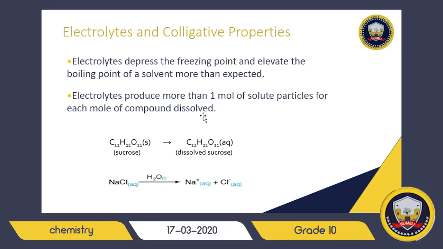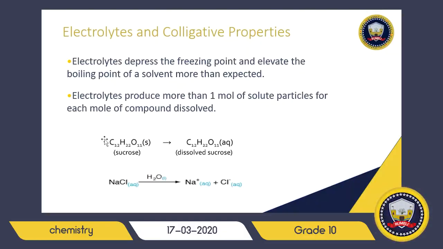So electrolytes depress the freezing point and elevate the boiling point of a solvent more than expected. Why? Because electrolytes produce more than 1 mole of solute particles for each mole of compound dissolved. Here, for example, we have saccharose, which is a non-electrolyte, and NaCl, which is a common electrolyte.